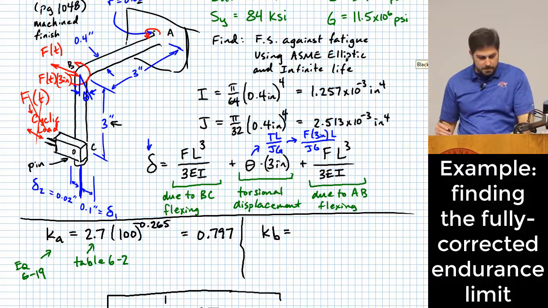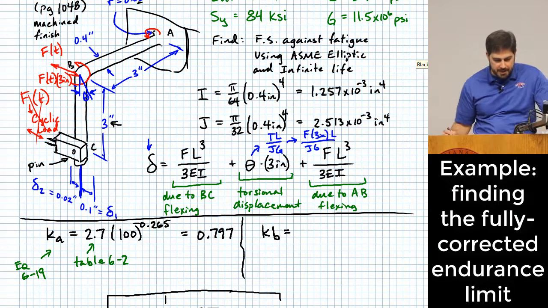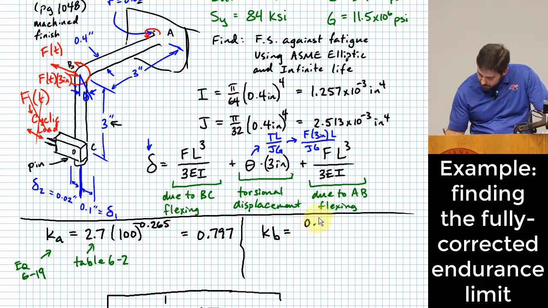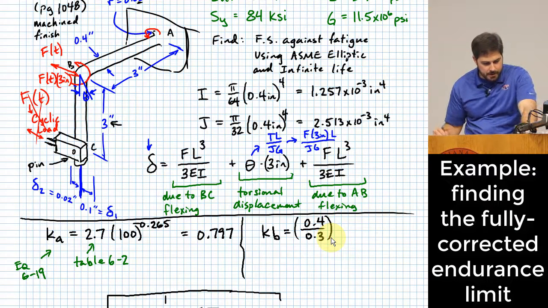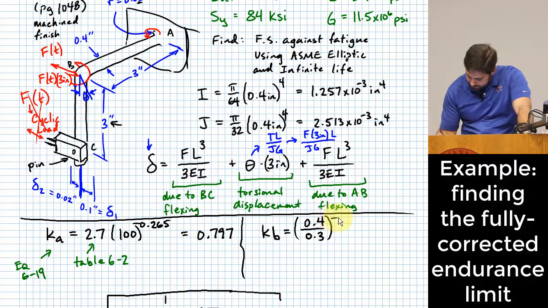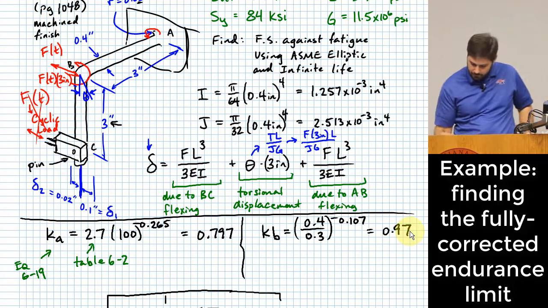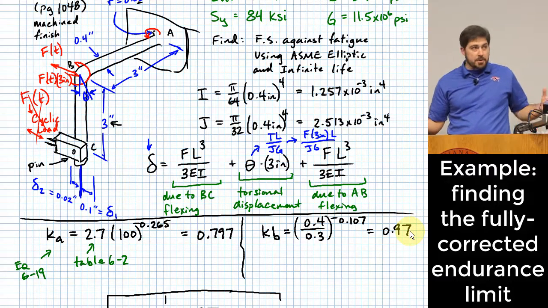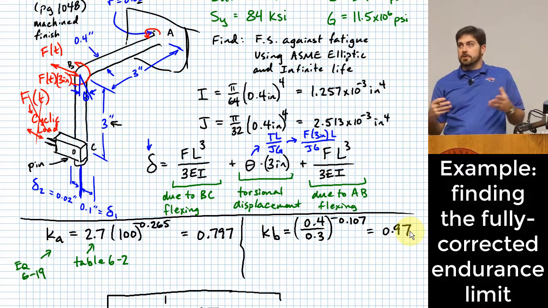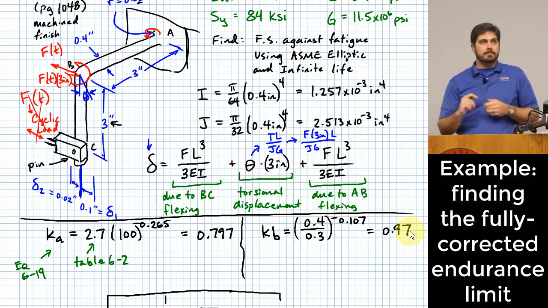All we have to do is plug into equation 6.20 our diameter in inches over 0.3, raised to the negative 0.107. And this gives us 0.97. And these are the only two Marin factors that we need to use for this problem. All right?